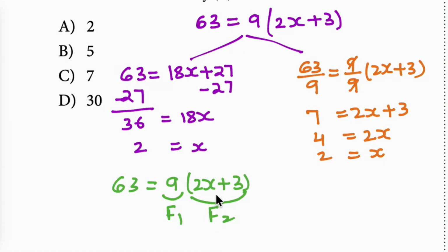So whenever we divide on both sides, the whole factor should be divided. If you are getting confused in it, you can leave that part, right? You can solve either by this or by this. But if you want to go in a little bit detail, then try to understand this. So here I can divide the whole factor like 63 divided by 9 and 9 divided by 9. But if it is like 2x plus 3, right?